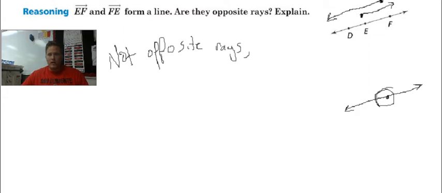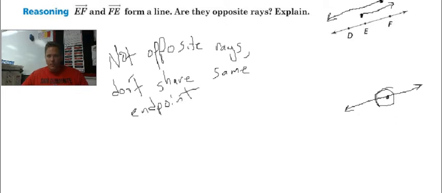Because they don't share the same endpoint. If we look right here, they don't have that same endpoint. They don't both go to the same endpoint. It doesn't look something like this picture, so those would not be opposite rays.